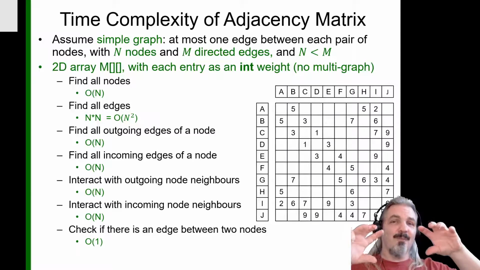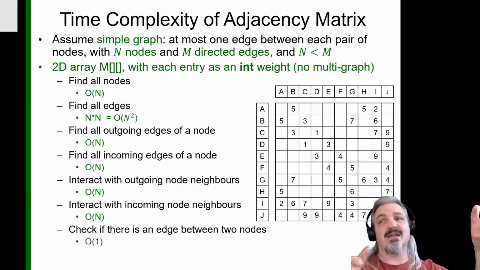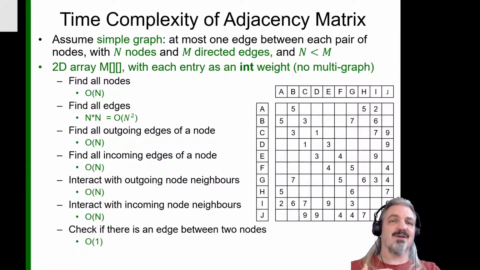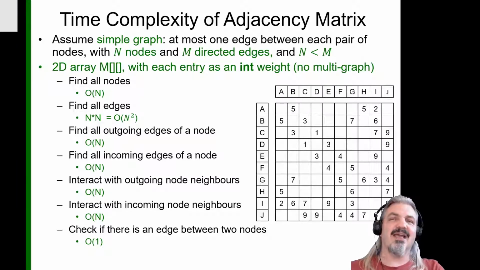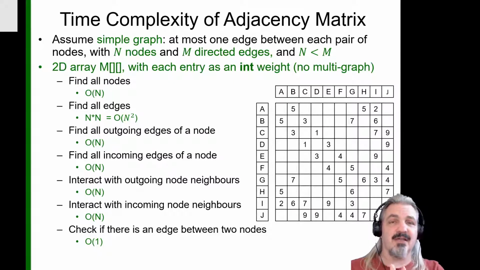If you've got potential multiple edges per node, then your m could get larger than n squared. But n squared generally is going to be much larger than m. And so if you really were trying to find every edge, this would be a bad representation. However, that's not necessarily the option you're actually interested in, right?